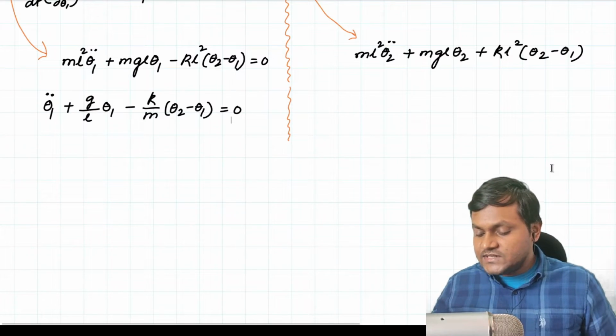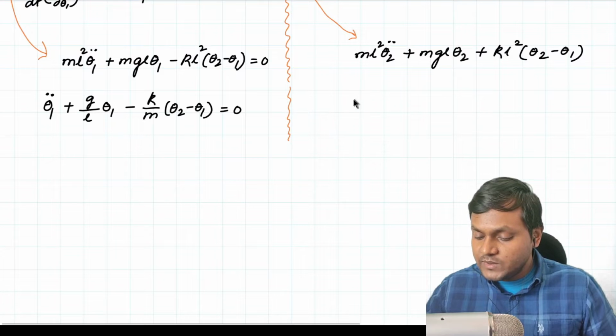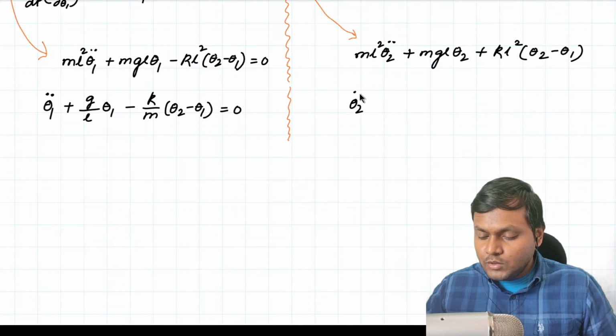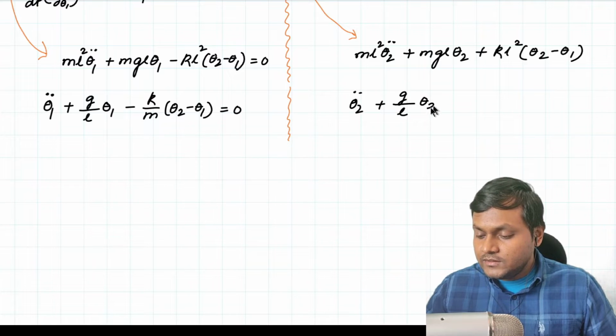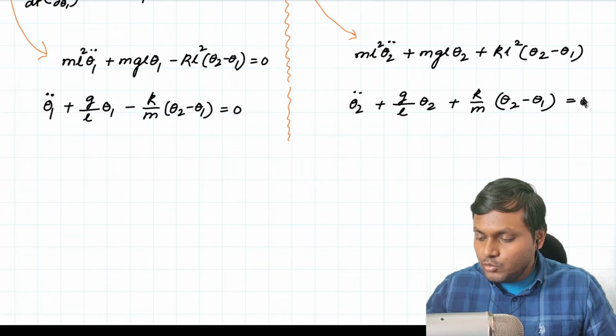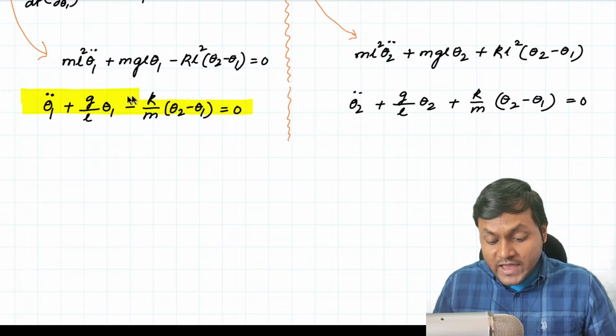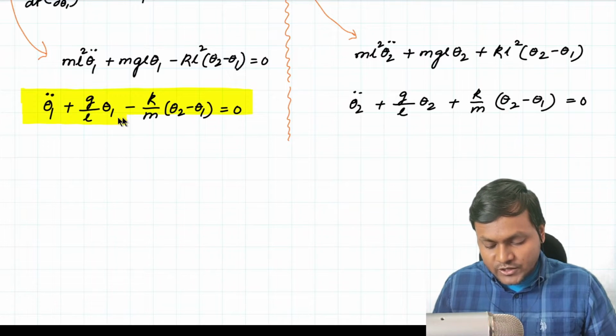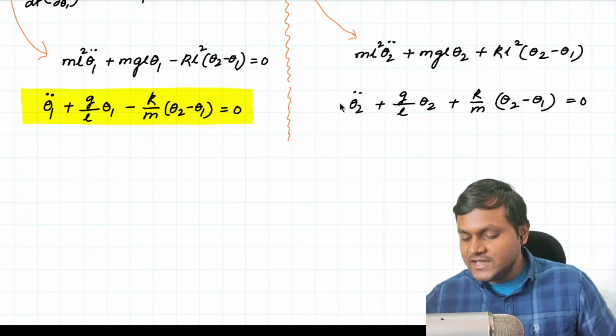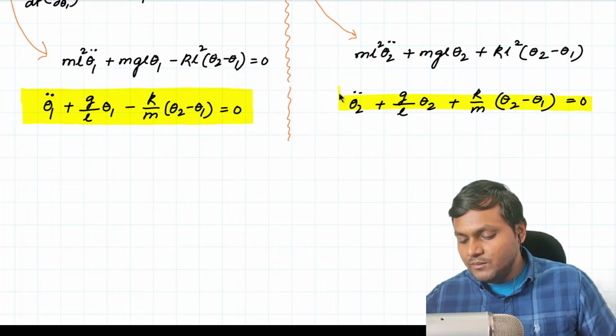And in the second equation, if I divide by mL², this becomes θ2 double dot plus g/l θ2, and this becomes k/m (θ2 minus θ1) is equal to 0. So there you have it, the two equations of motion corresponding to both the masses in the coupled pendulum system.